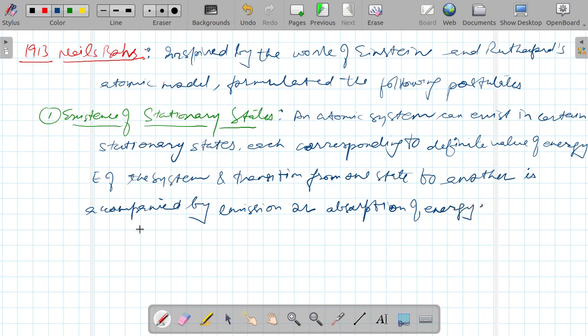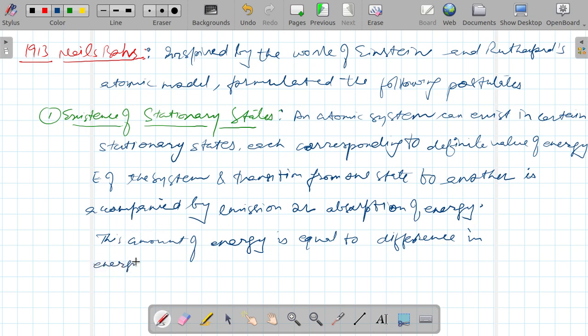This amount of energy is equal to the difference in energy of the two states.